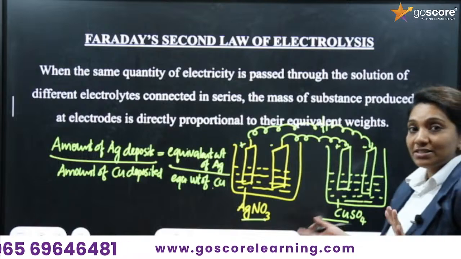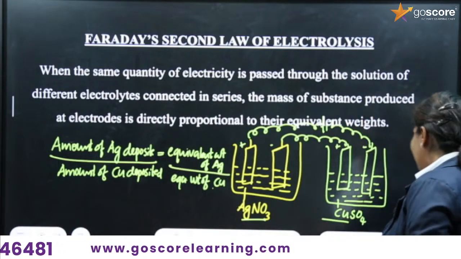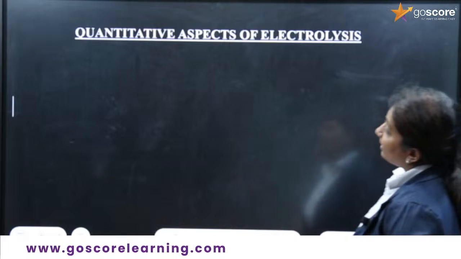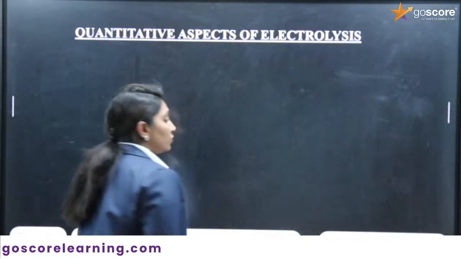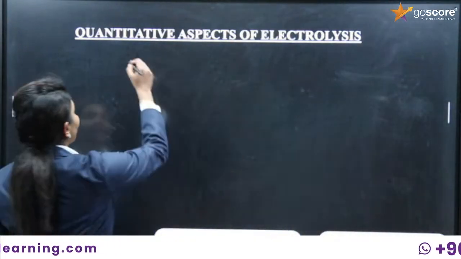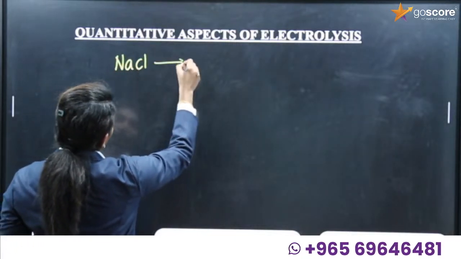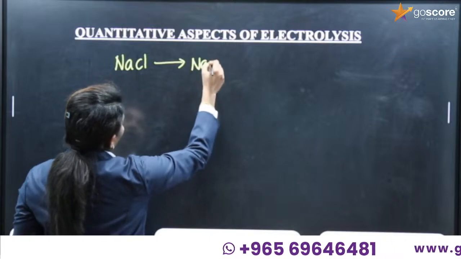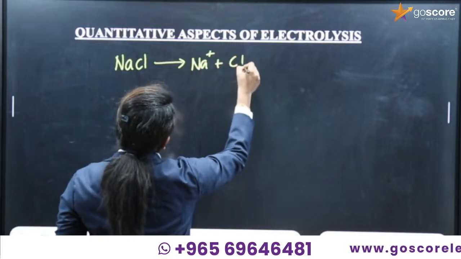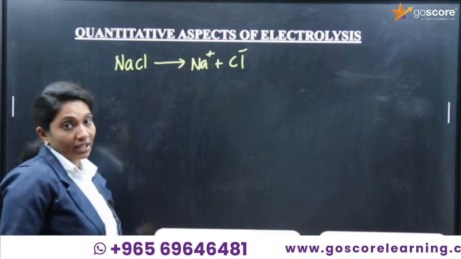So I hope the first law and second law are clear for you, right? Now let's see some quantitative aspects of electrolysis. If you are taking molten sodium chloride, it will dissociate into Na plus and Cl minus ions, right?